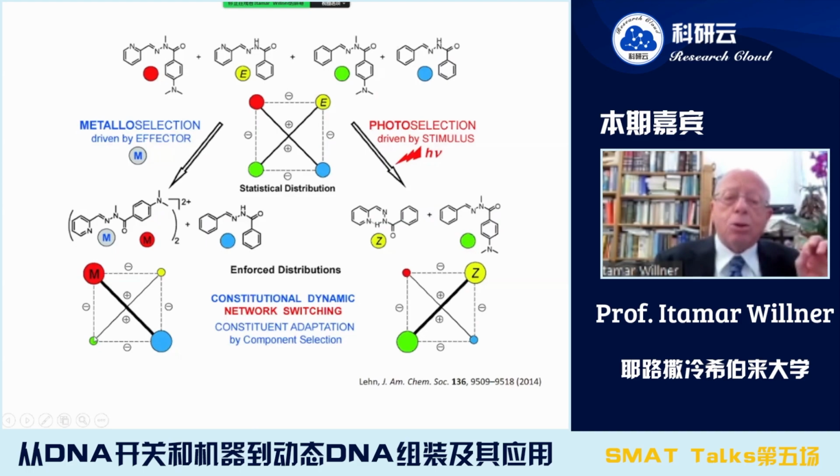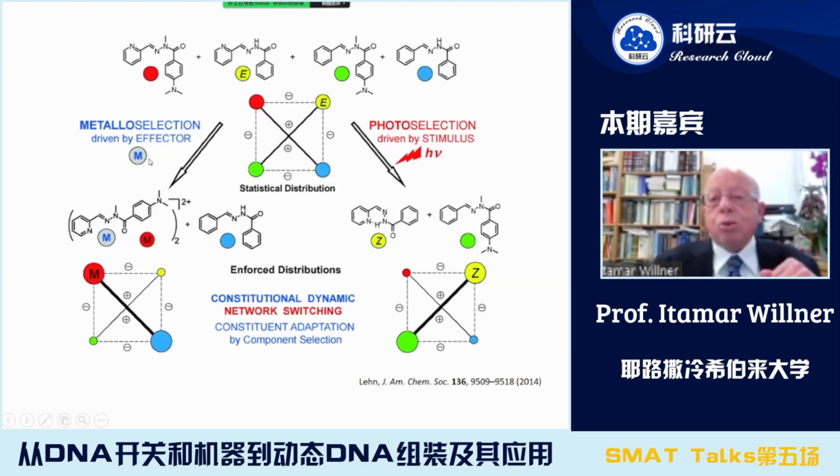This will be downregulated and have a lower content. But concomitantly to this process, the constituent that does not share components with the red one will also be enriched. So this happens when we add the metal ions.